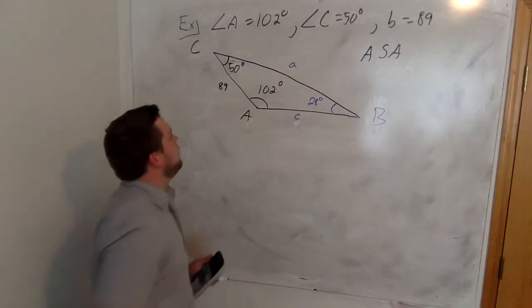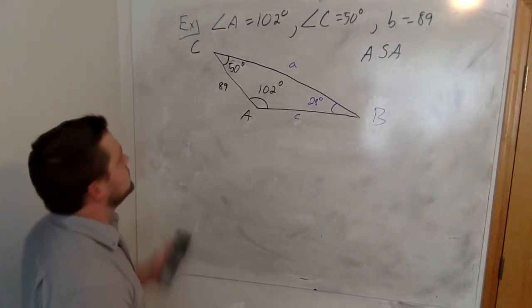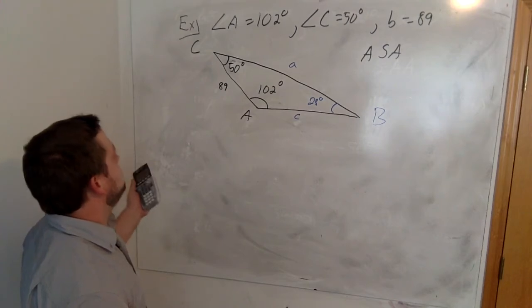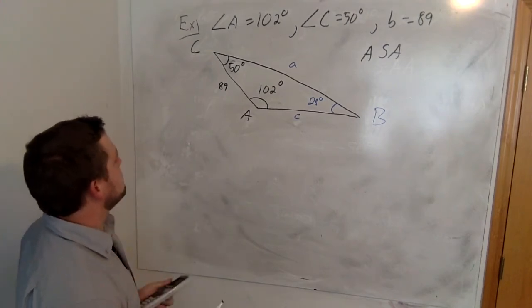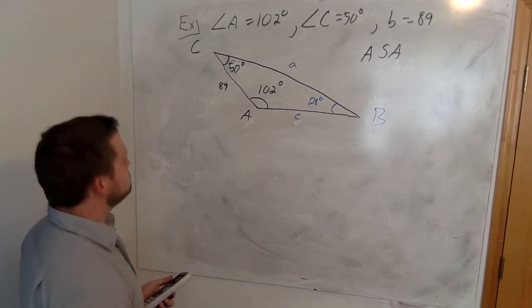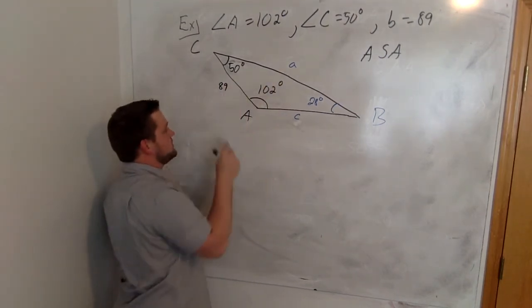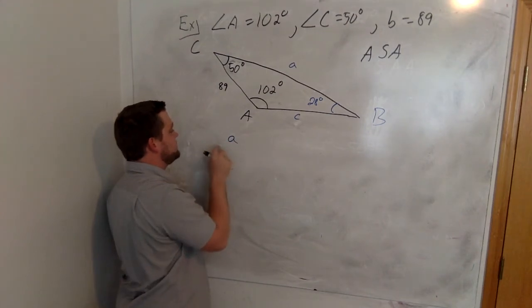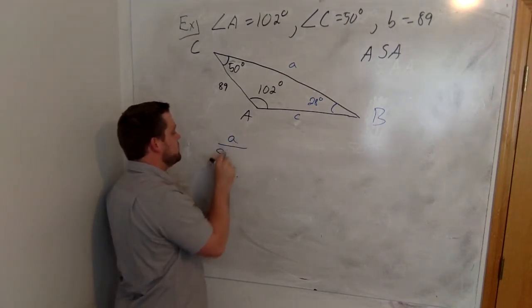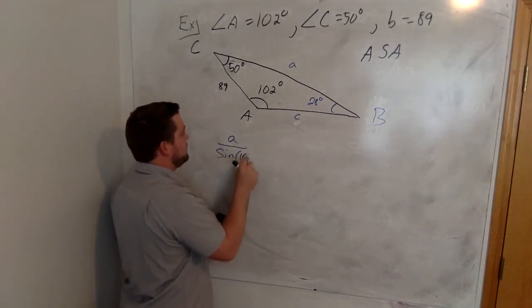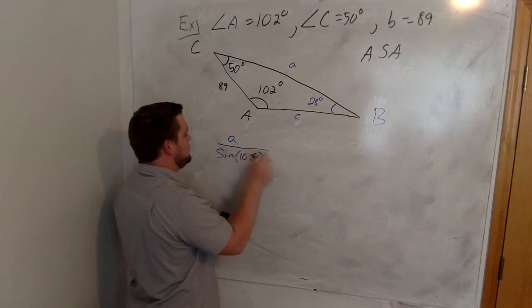Let's try to find one of the sides here. Does it really matter which one we find first? I don't know. Let's try to find side length A first. So if I'm trying to find side length A, this would be A over the sine of 102 degrees. Now I'm going to need to set this up.